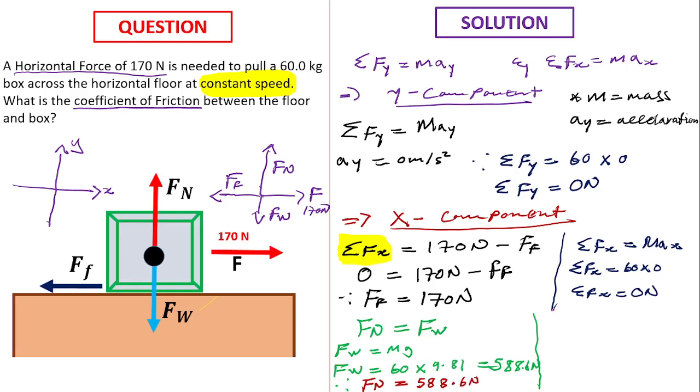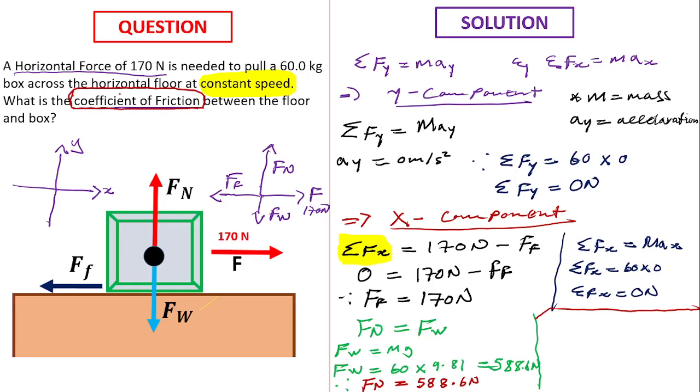So you have done this work so easily. The next thing you need to look at is to find the coefficients of friction, because that's what we have been asked to find.